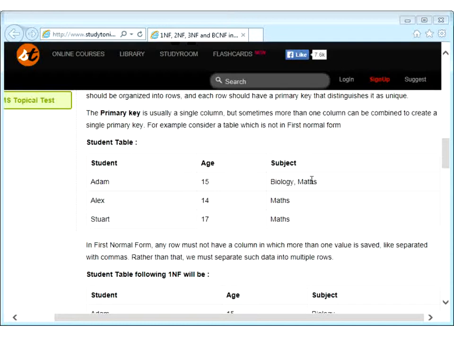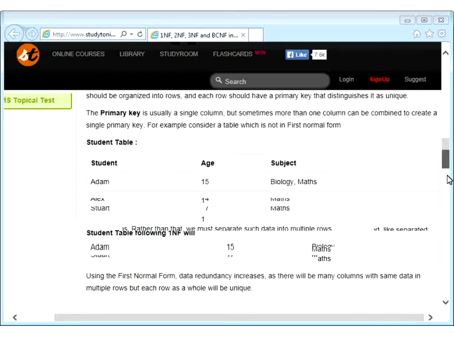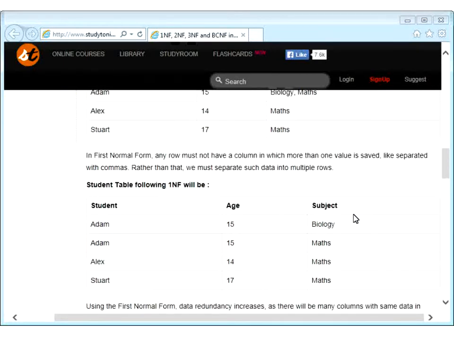You need to remove this, and you resolve it by splitting it into separate rows for that student, one with the subject biology, the other with the subject math. So if there are repeating values or multiple values for any one attribute of an entity instance, you need to split them into different rows.